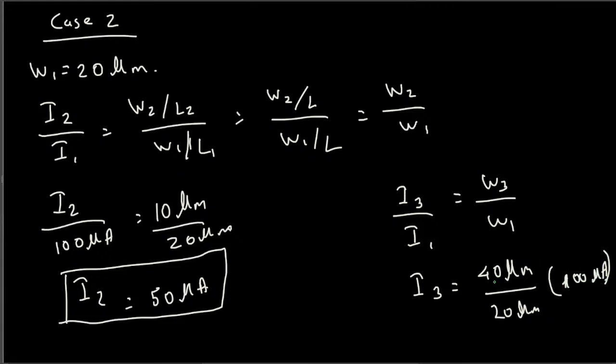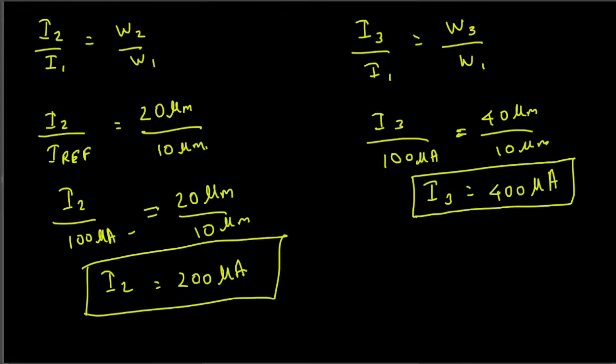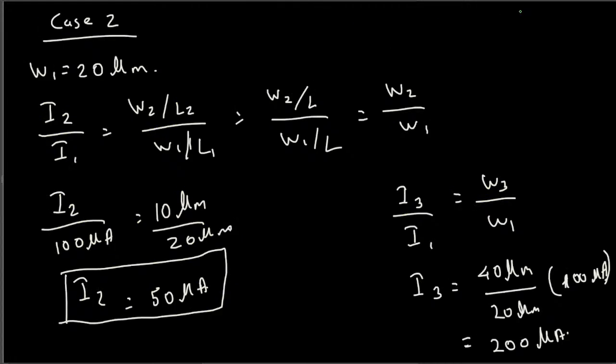So 40 over 20, that's 2 times 100. Let me double check. Yeah, we end up getting 200 microampere, and that's the one we got here as well. Okay, so that is case 2.